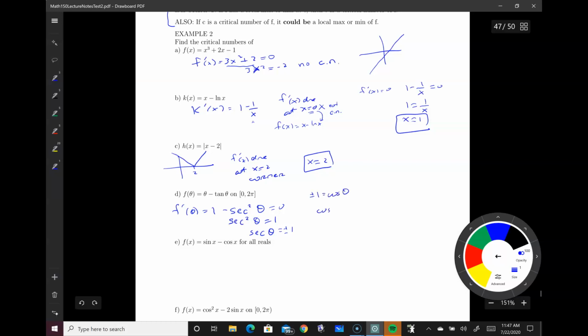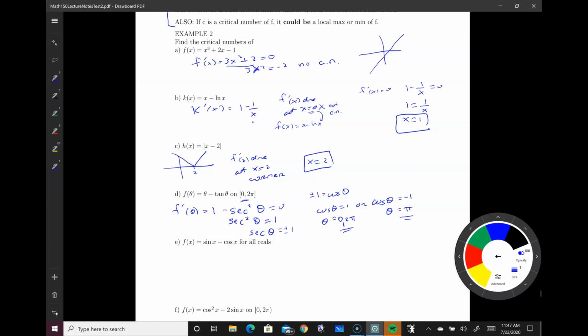So what does that mean? Cosine of theta is 1, or cosine of theta is negative 1. So this happens at theta equals 0 and 2 pi, and here theta is pi. Those are all in the domain of the function.